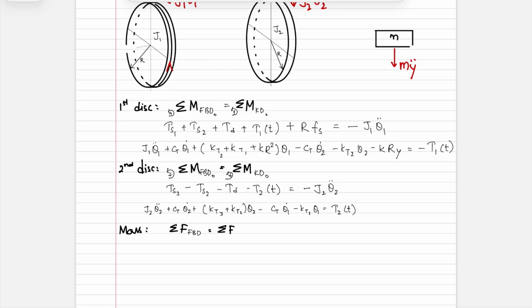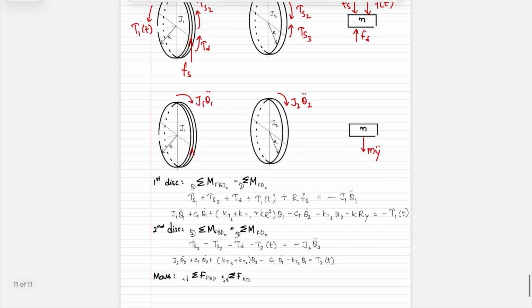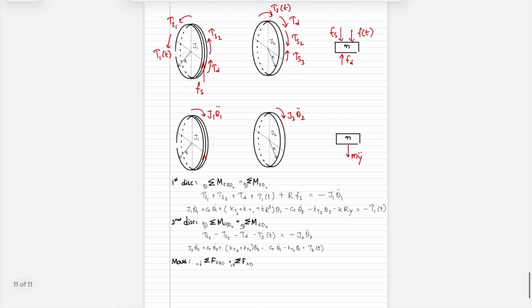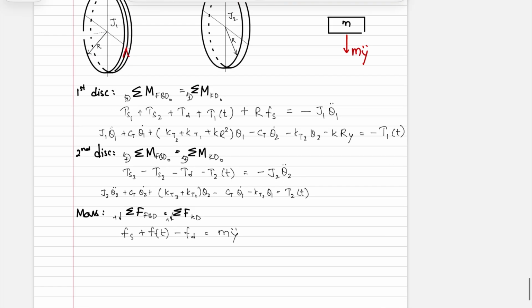Let's say that we choose along the downward direction as positive. What are the forces we have? We have Fs plus F of t, the external force, minus Ft is equal to my double dot.